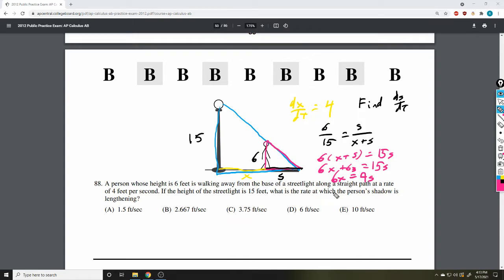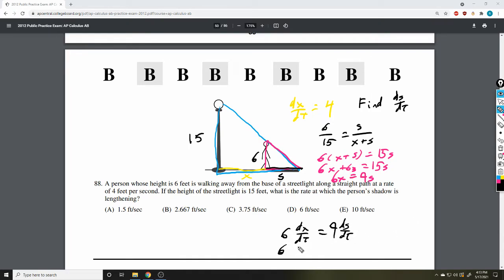So now I have something that is much easier to deal with for those distances. So now I work with my related rates. And now I say that 6 times the derivative of x, which is dx/dt, equals 9 ds/dt.